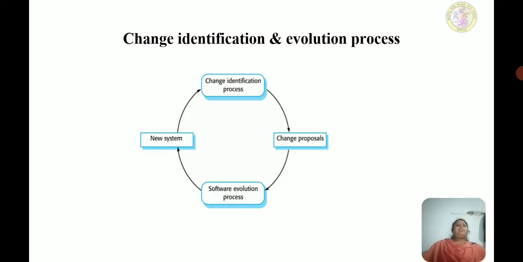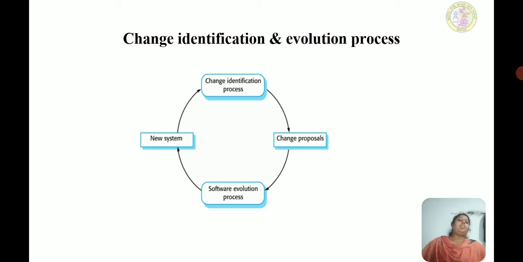It has to be represented in the process of a life cycle. Then you take a new system, and after taking the new system, you need changes in the identification process. After the identification process, it needs changes, so we need to propose the changes. For that we need change proposals. After the change proposal, comes the software evolution process.